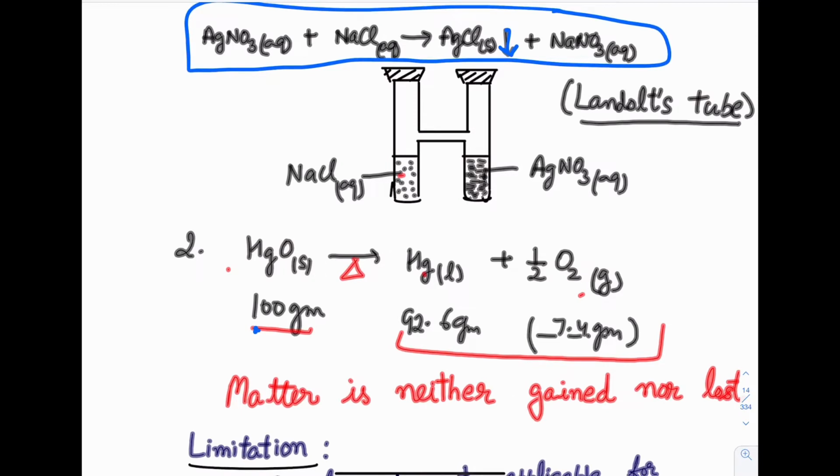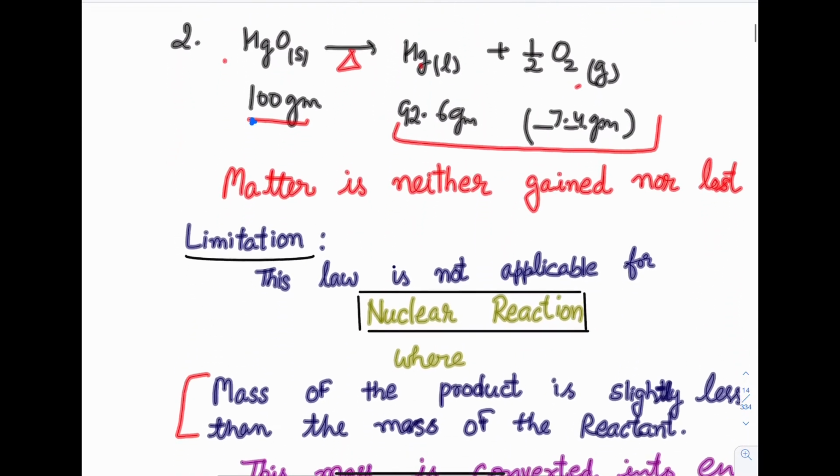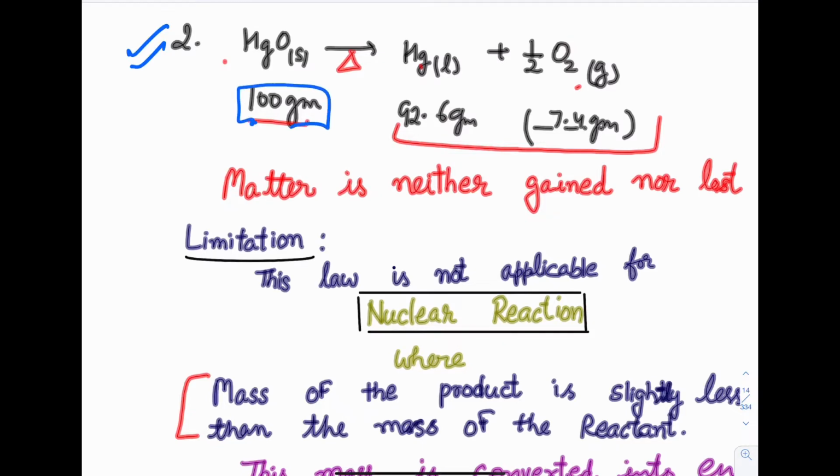We can use this law in this way. Consider this chemical reaction: mercury oxide on heating gives mercury and oxygen. If we take 100 gram of mercury oxide, which is a solid, on heating, the residue left will be liquid mercury, and its mass was found to be 92.6.